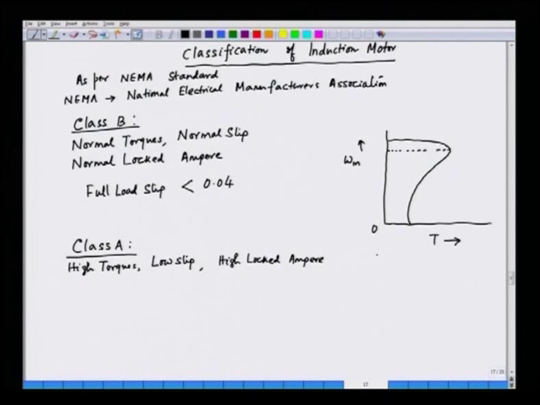So, the torque speed characteristic can be given like this. So, we have the speed here and we have the torque in the x axis. So, this is basically the class A motor. Now, if we compare this with class B, the class B will be like this.